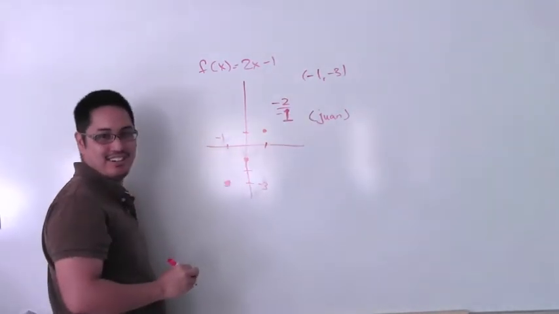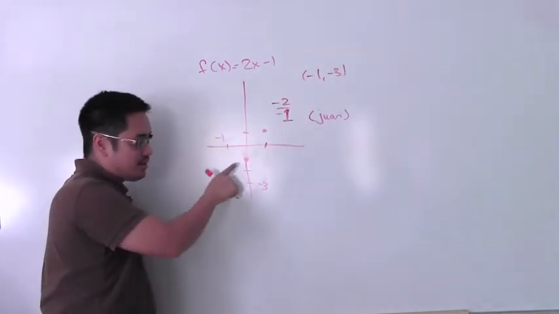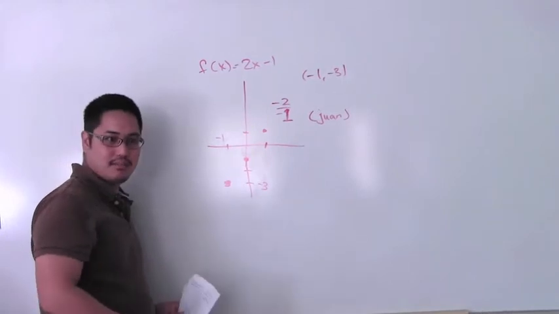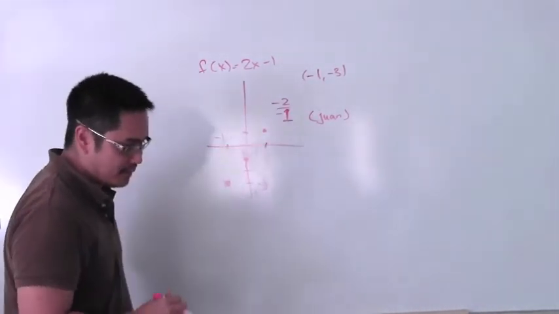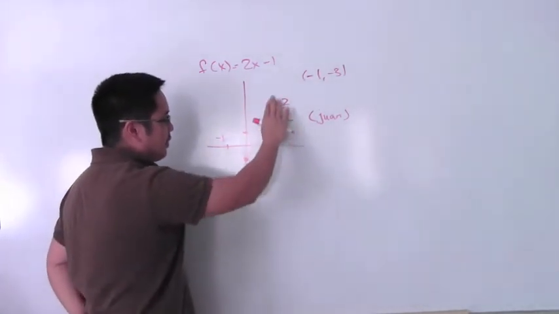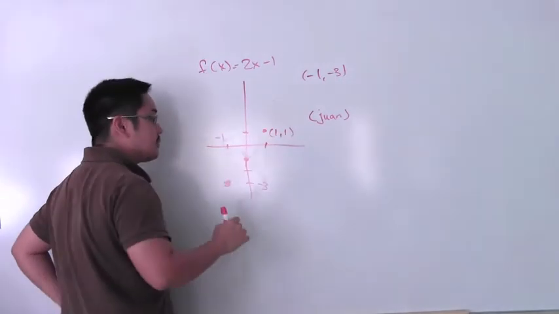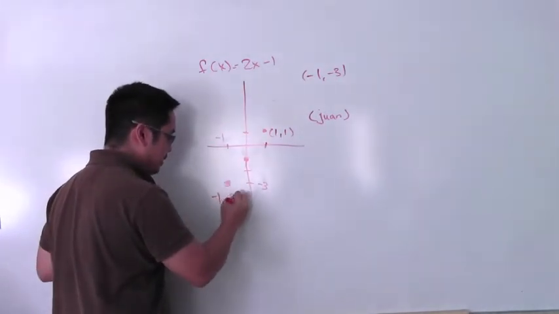Look, it's right there. We've verified it mathematically. We've also seen on the graph that it is on this line. Does that make sense to you? Oh, and this point right here is 1 comma 1. This is negative 1 comma negative 3.